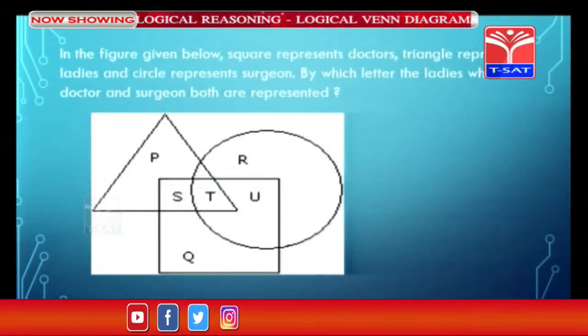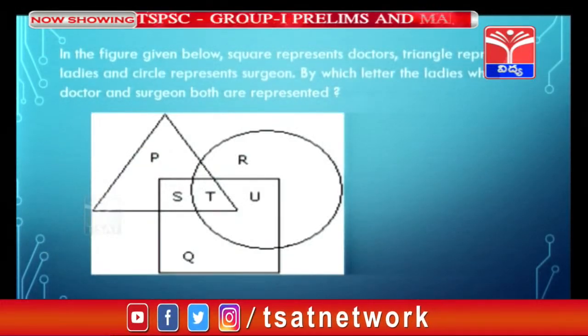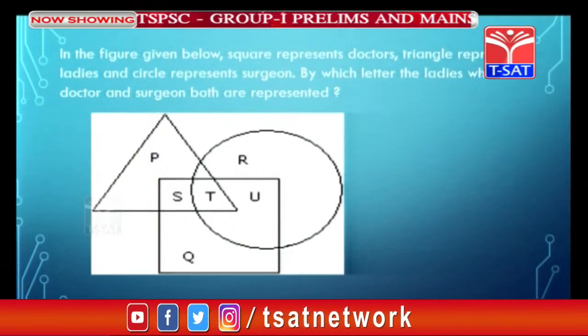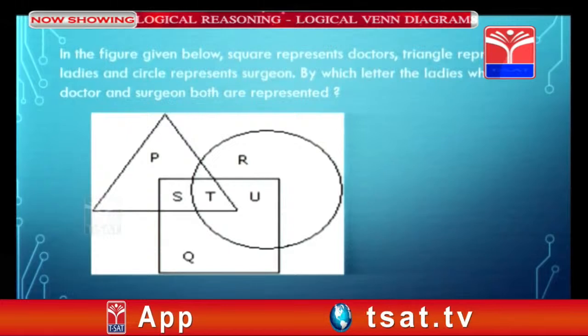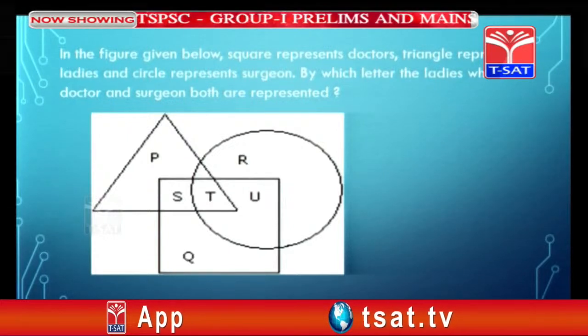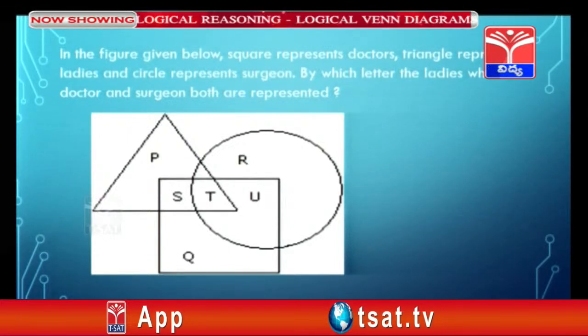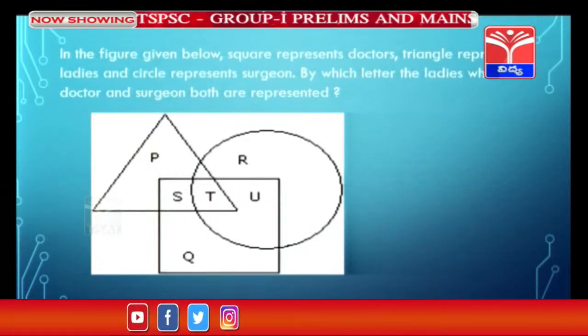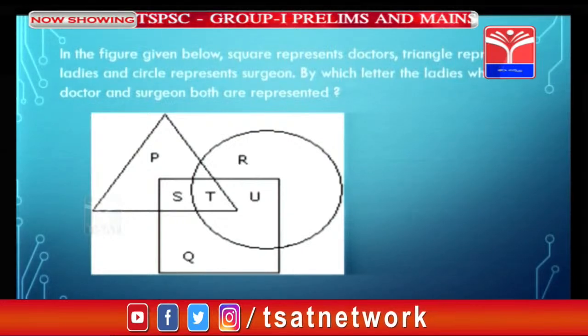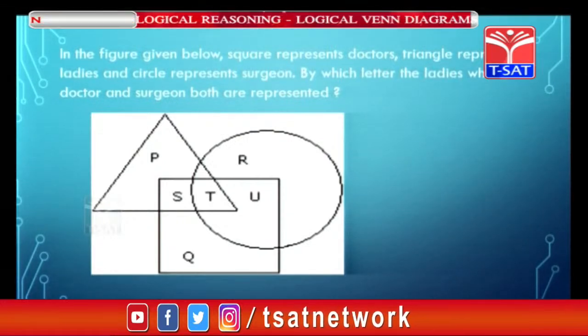Now, we will shift to the next. In the figure given below, square represents doctors, triangle represents ladies and circle represents surgeons. By which letter are the ladies who are both doctors and surgeons represented? Square represents doctors, that is very important.